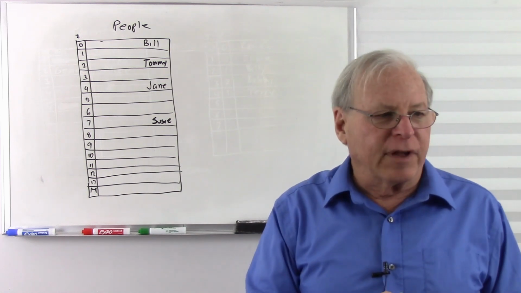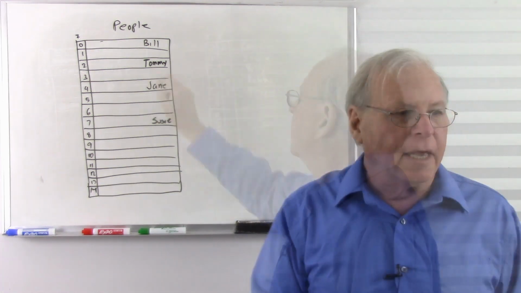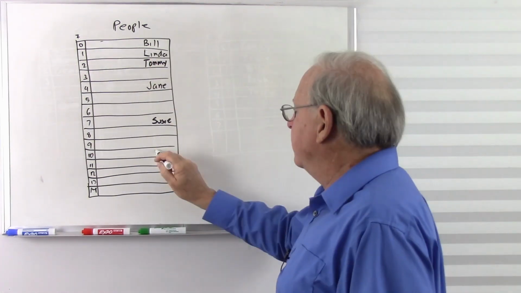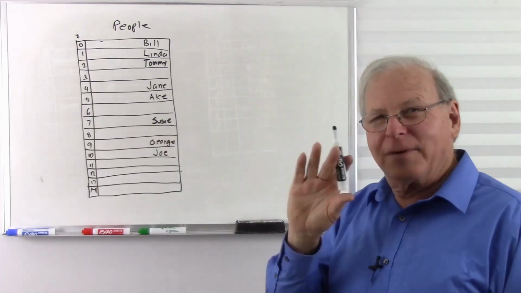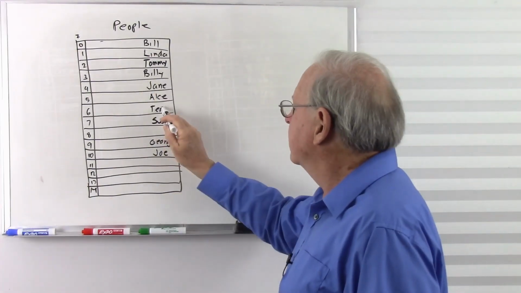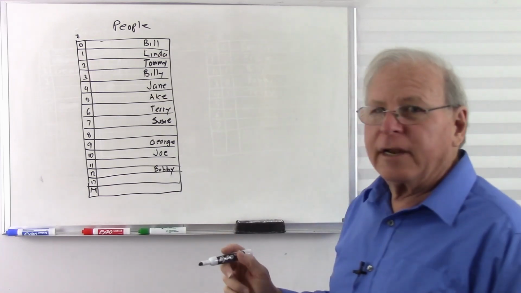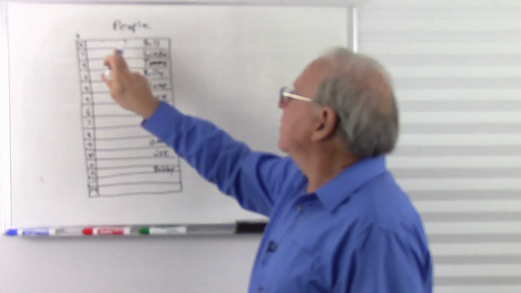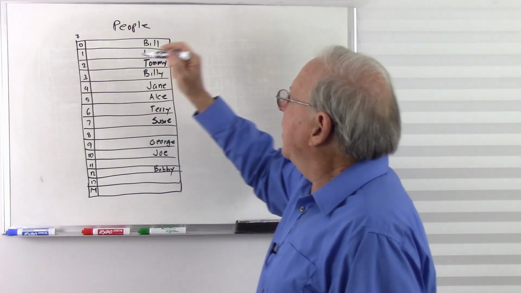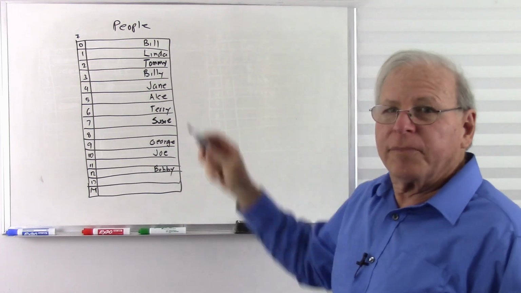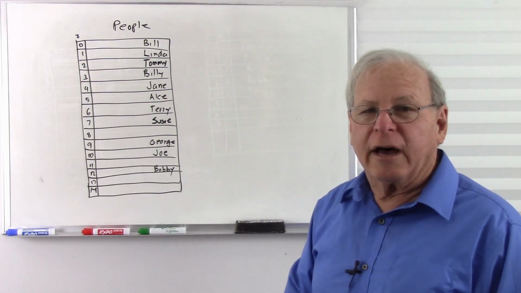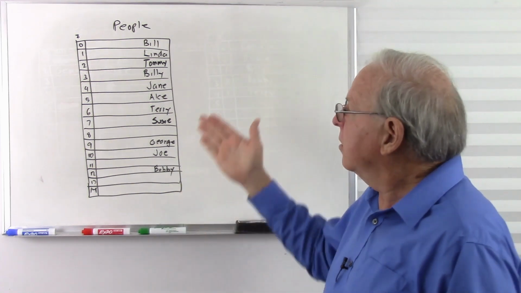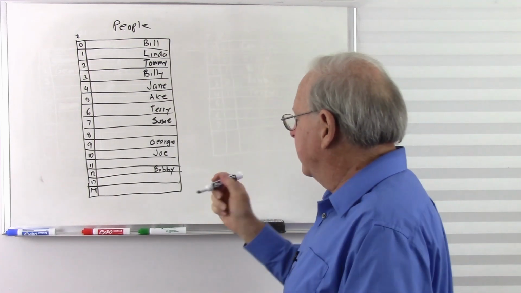And then we have the next family. Now, how do we tie all these people together? Well, we have individuals. Each individual is going to have or not have a spouse. We're assuming everybody has a spouse here. Let's put another person in here.